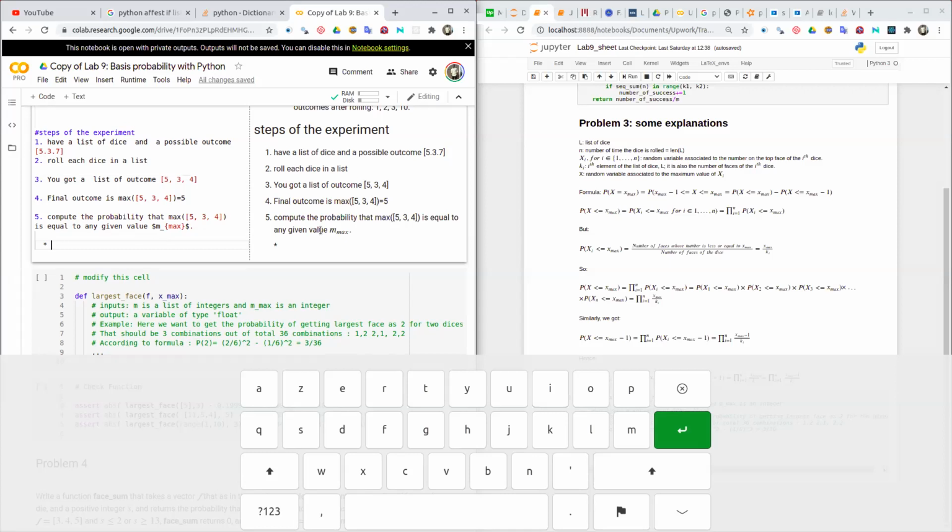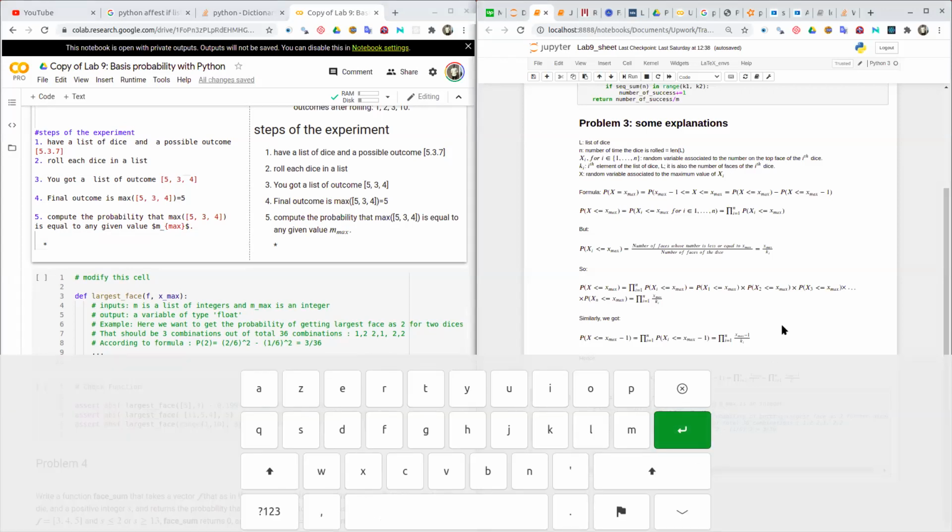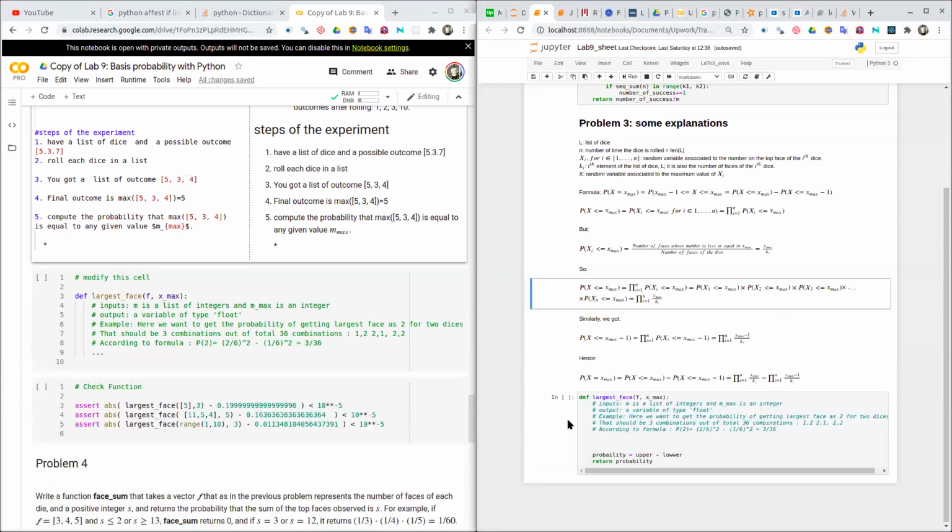Sorry, I'm a little bit confused. So for example, the 5 in step 4, do we need to go back to step 3 to see where that 5 belongs to, whether it belongs to the first dice or the second dice? Wait a minute, I'm thinking.